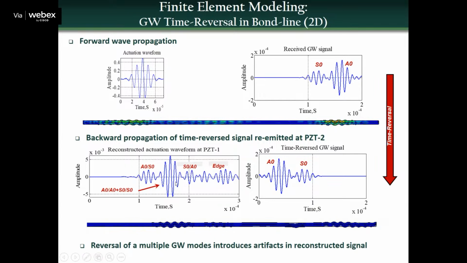This is the reconstructed actuation waveform at PZT1, compared to the original actuation waveform. You can clearly see a difference due to the multiple wave modes. They propagate at different speeds, and also you have the edge signal showing here.